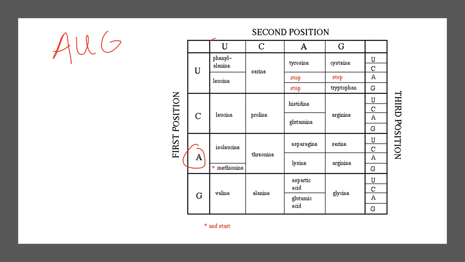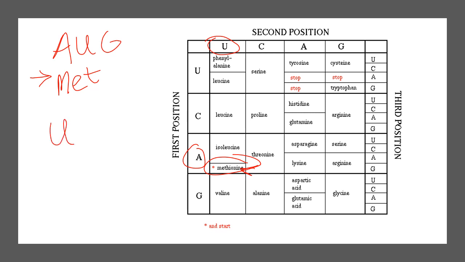Then I go to the second letter and I see a U. So then I'm going to go down, AU, and then going across here, G. So I have methionine, which is abbreviated MET. And MET is the start sequence. So this is the start. I would say that methionine is the first amino acid.